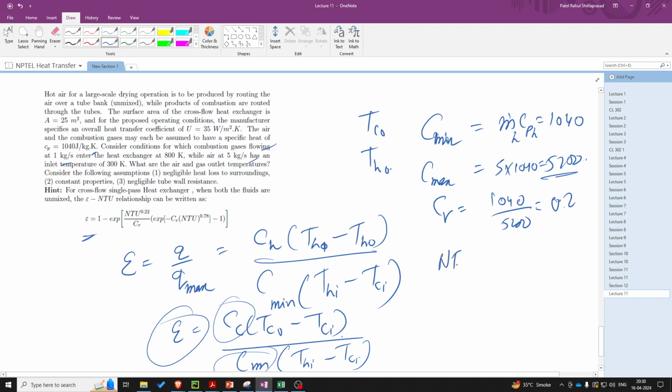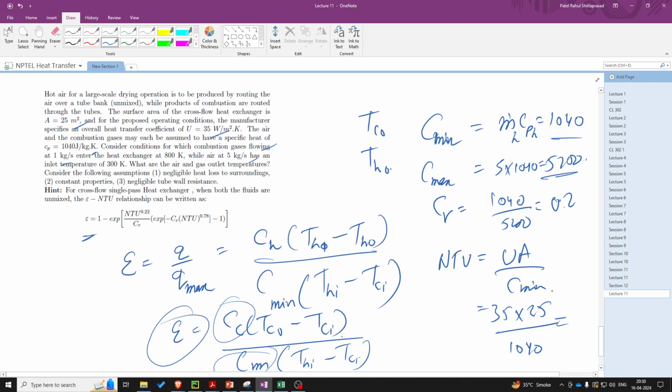And NTU, you can calculate it as UA upon C minimum. The value of U we have been given as 35. Value of A we have been given as 25. Value of C minimum we have over here 1040.